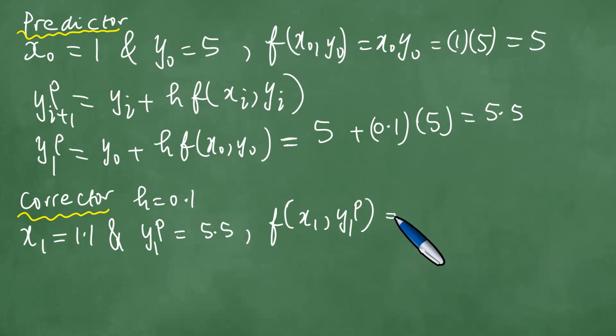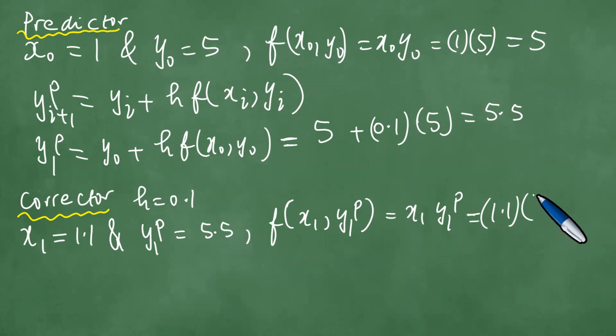And according to this formula, f of x and y is the same as f of x1, y1 predictor, which is x1, 1.1. Put this one here. And then y1 predictor is 5.5. We're just going to summarize this in a table. And if you do this, you're getting 6.05.